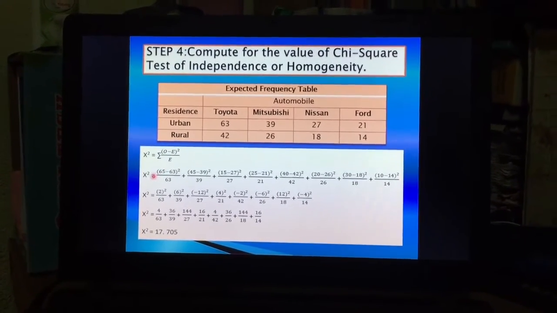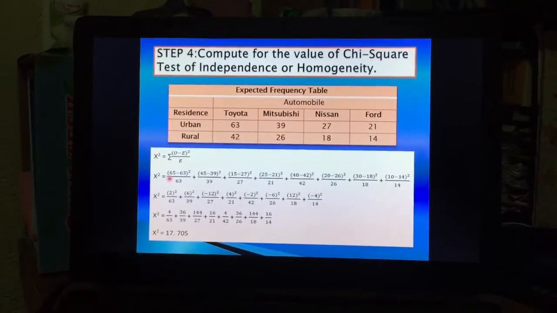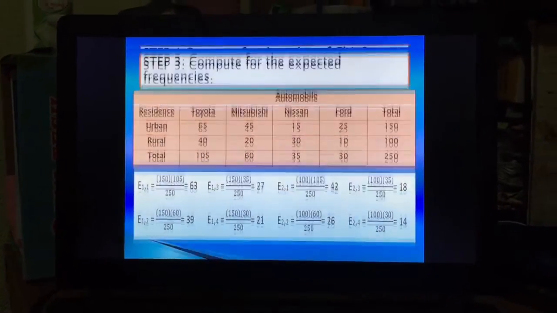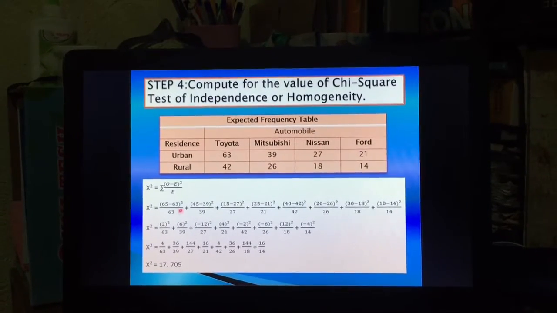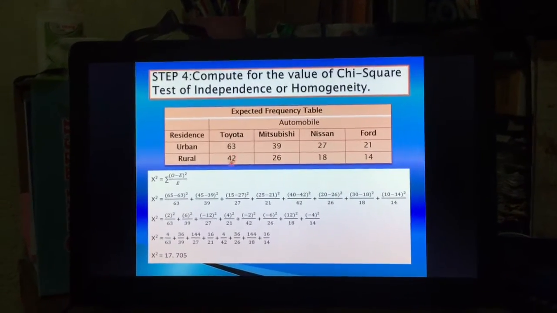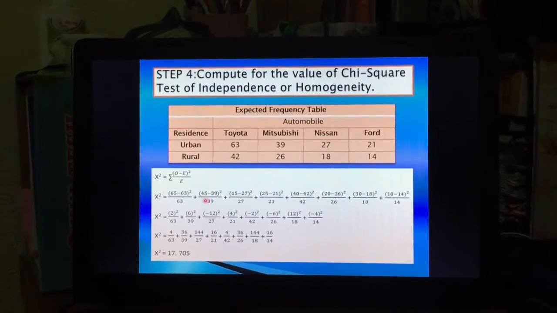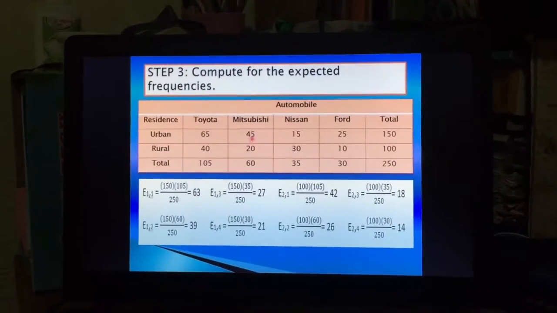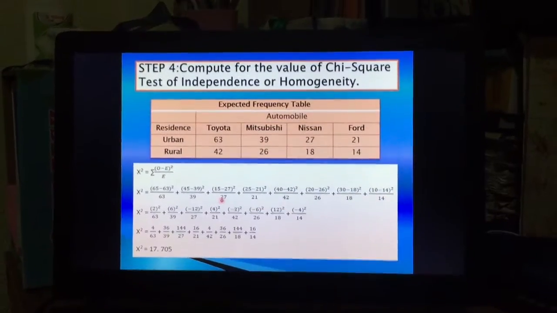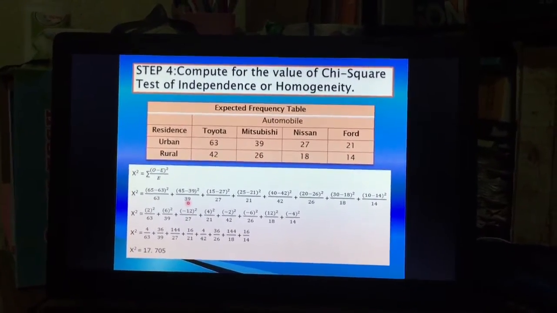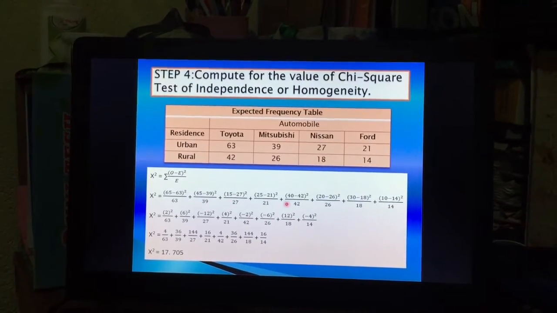Let's have first the first observed value of 65: 65 minus 63 squared all over 63, plus 45 minus 39 squared all over 39, and so on.